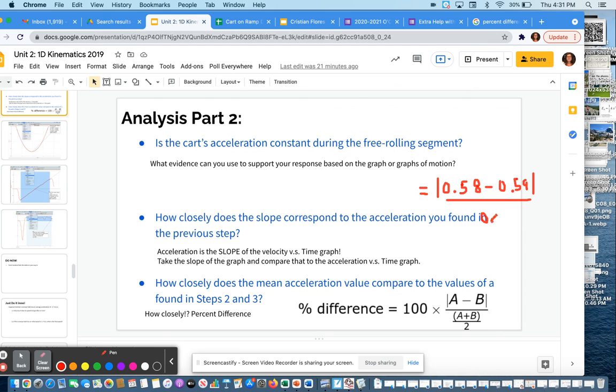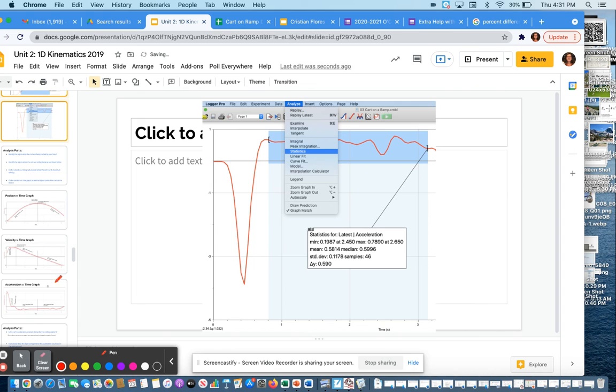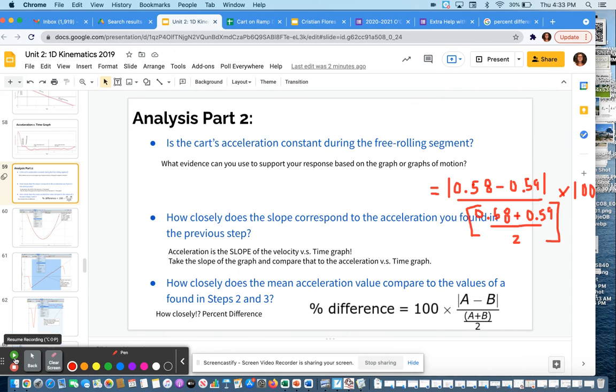So we have 0.58 plus 0.59 divided by 2, and then times 100 to get our percent difference.